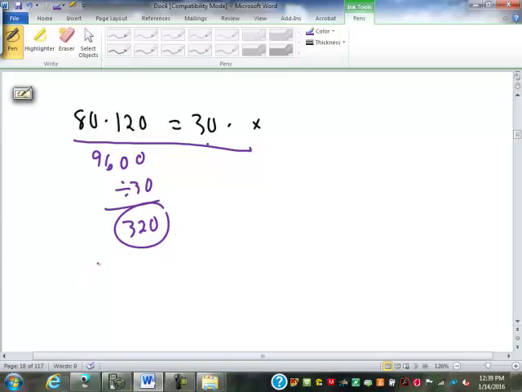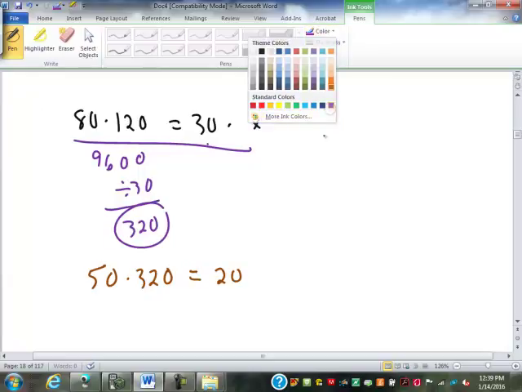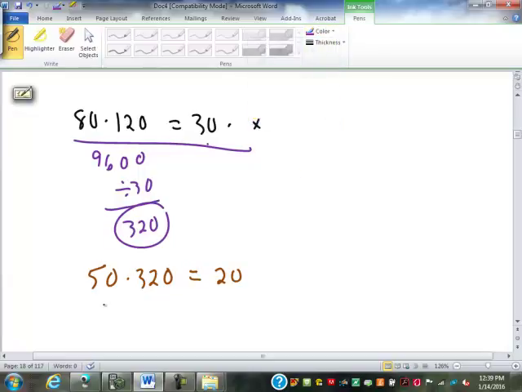So C is at 50 teeth times 320 RPM. Gear D is 20 teeth. So we will multiply and divide again. 50 times 320 is 16,000. Divided by 20 is 800 RPM for gear D. Does that make sense? Yeah, I got that one.